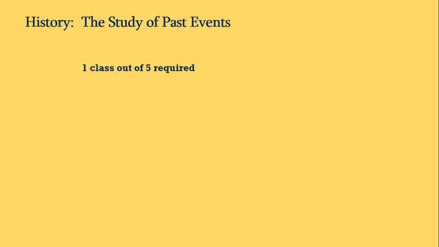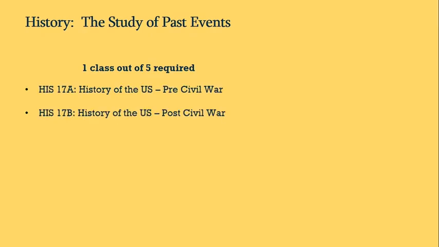The next subject is history, and you only need to take one of these 5 classes. The first option is History 17A, History of the U.S. from the Colonial War to the Civil War, and the second class in that series is History 17B, which covers the Civil War to the Cold War.